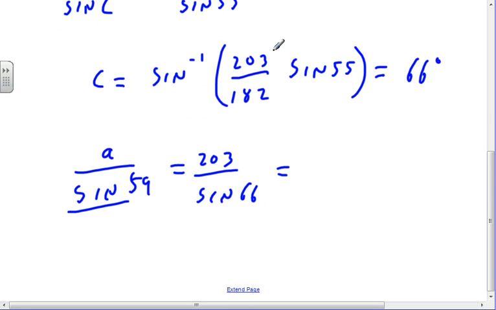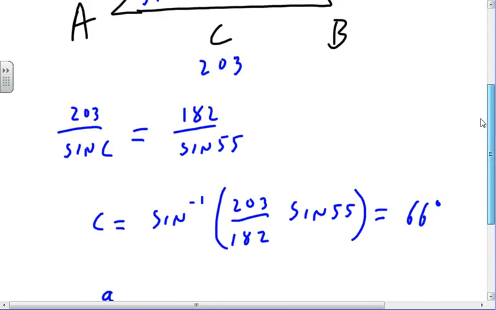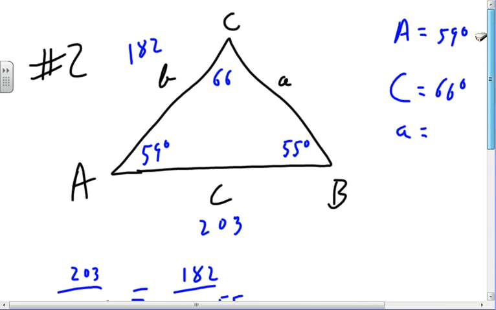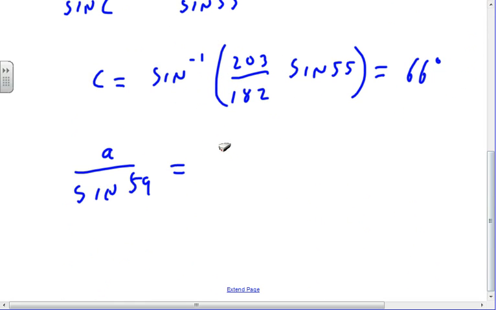That's bad. Don't want to do that. Bad math. We don't want to use what we calculated in our answer if we don't have to. So what were we given? We were given B. Okay, so we're going to use B instead.